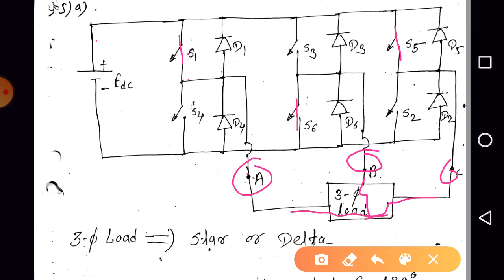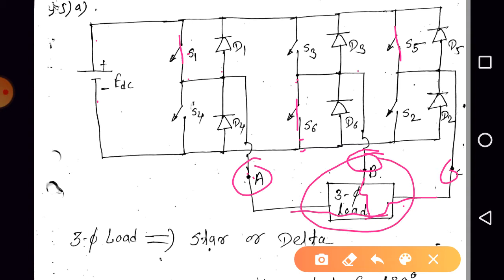Next, phase B of the load is connected through S6 to the negative plate of the EDC, because S6 is on and S3 is open. What about phase C? Phase C is connected through S5 to the positive plate of the EDC. So during the first interval, the equivalent circuit is such that the load consists of 3 resistors connected in star.